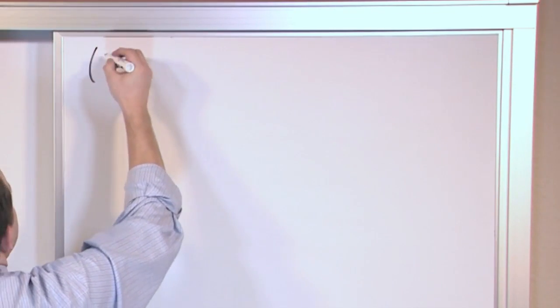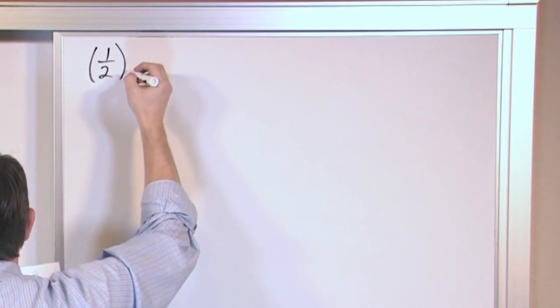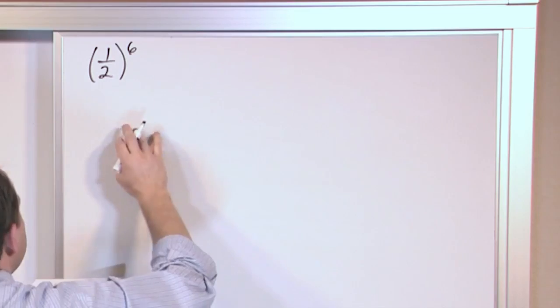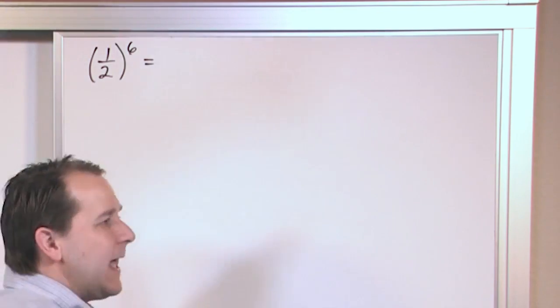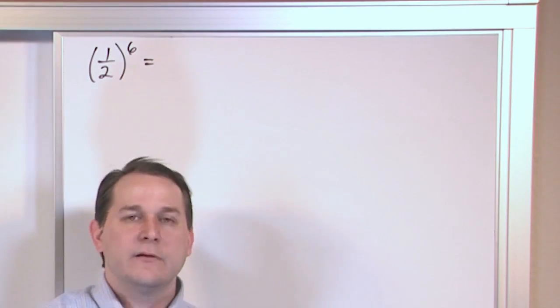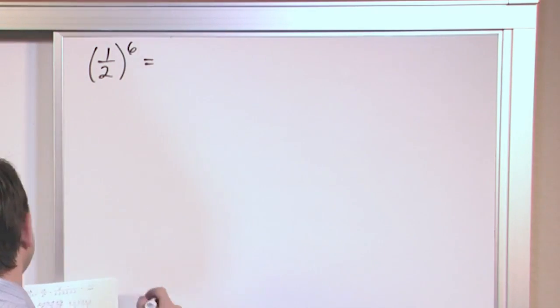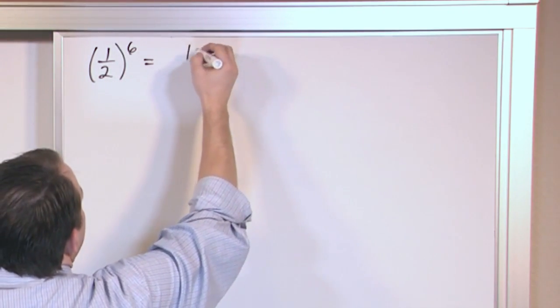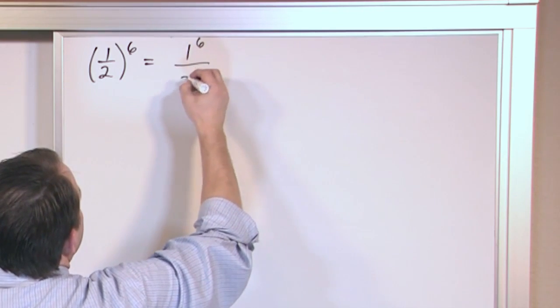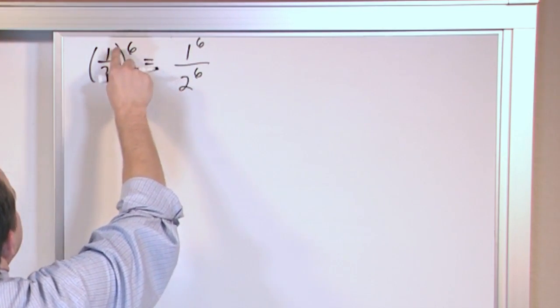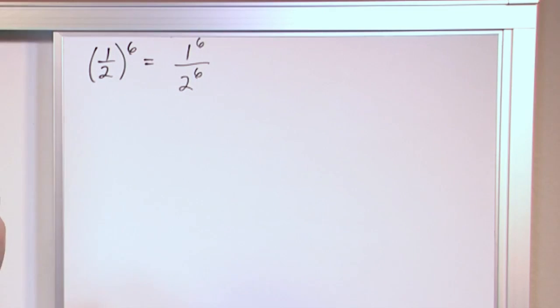All right, so let's do one more of those to drill that in. If you had the fraction 1/2 and you raise that to the 6th power, you could say 1/2 times 1/2 times 1/2 times 1/2 times 1/2 times 1/2. You can write all that out. That's no problem. But we can also write it as 1 raised to the 6th power over 2 raised to the 6th power. We can apply this exponent to the top and to the bottom when we're raising fractions to exponents.